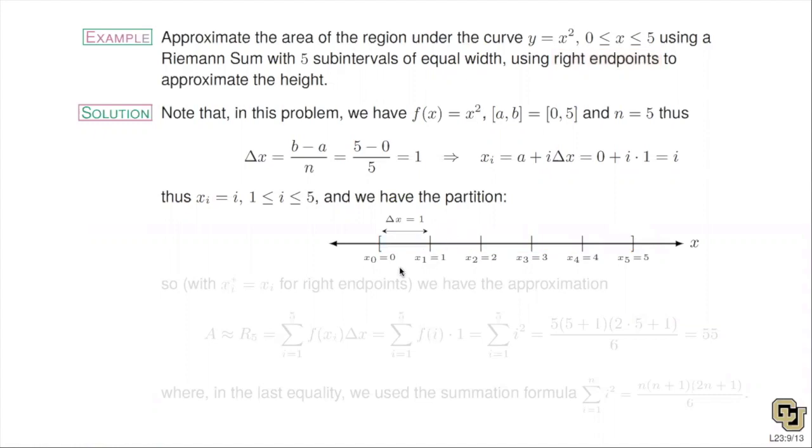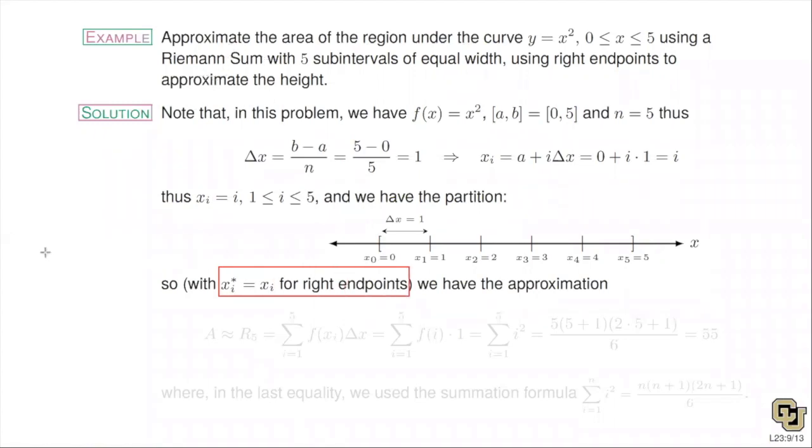And so here on this slide, I did it in 2 ways. I did it using the formulas, and I also did it just straightforward. So for me personally, I would do the approximation problem straightforward. I'll show you what I mean. In terms of using the formulas, we know x sub i star, the sample point that we're using from the ith subinterval, should be x sub i because we want right endpoints. This is how the generic ith subinterval helps.